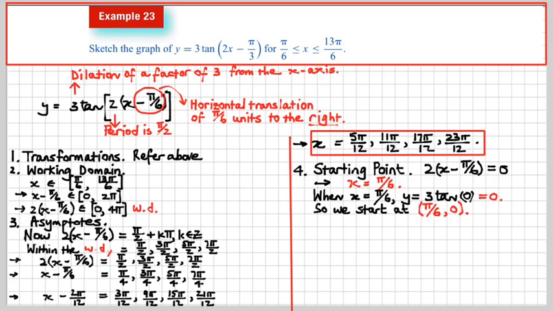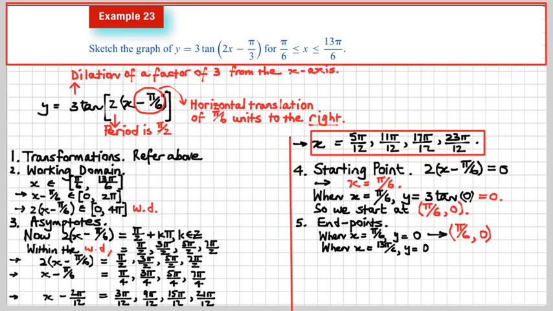That's right. x is pi on 6, y is 0. I was thinking that there might be an effect of this, but there won't be because it's 3 times 0. Now, endpoints. When x is pi on 6, y will be 0. And when x is 13 pi on 6, y will be 0. So there are the endpoints.